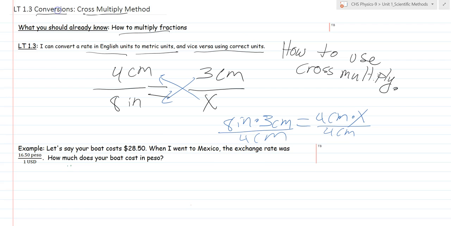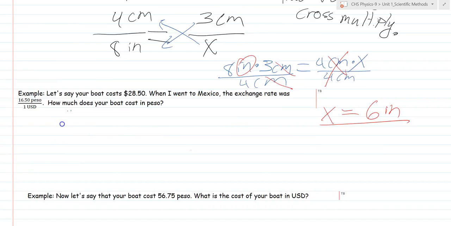Then we can cross out centimeters, and we're left with X equals 8 times 3 divided by 4, which would be 6, and the units would be inches. So that's your little refresher on cross multiplication.